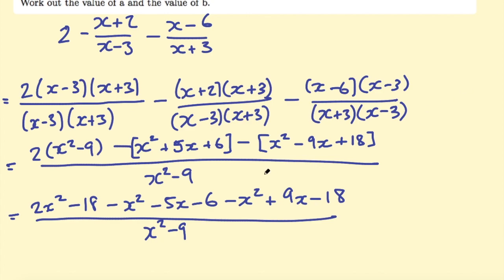And now we can do a whole bunch of cancelling. So this 2x squared here and this negative x squared and this negative x squared, they all cancel out. 2 minus 1 minus 1 cancels out.